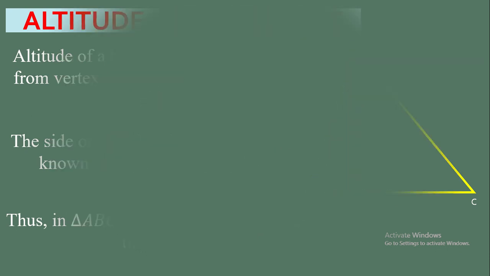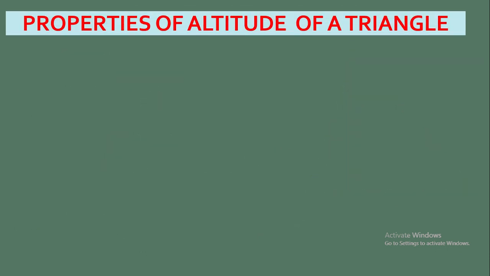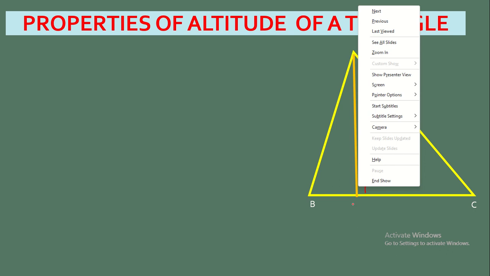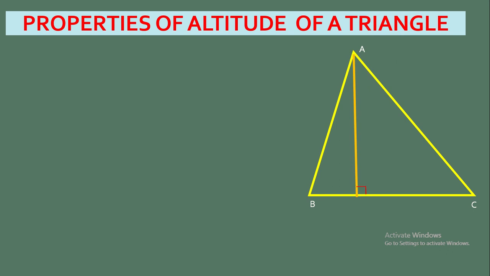Now, let's see some properties of the altitude of a triangle. Let's suppose ABC is a triangle in which there are three vertices A, B, and C. If we draw an altitude from vertex A, for example here it is AD, then similarly we consider B as the vertex and draw an altitude from vertex B to its opposite side AC.